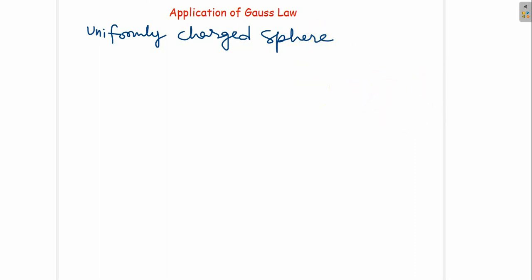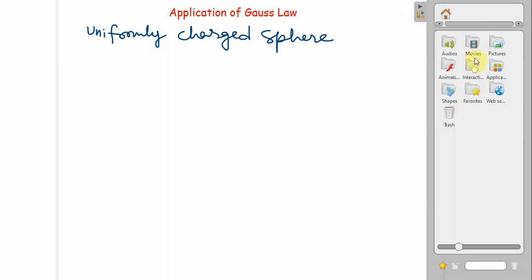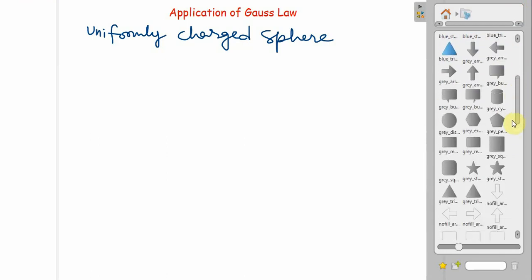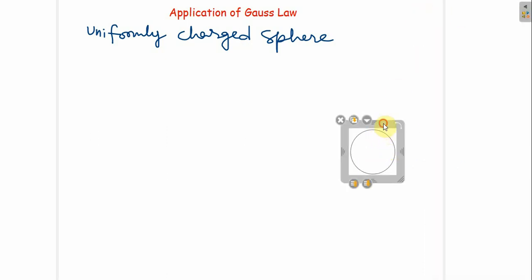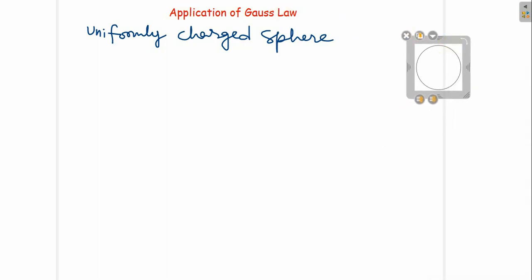So let us consider that we have this charged sphere, and the radius of this charged sphere is a.